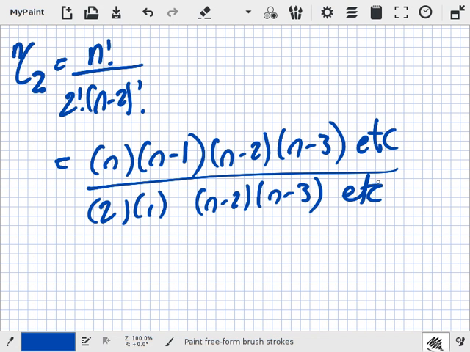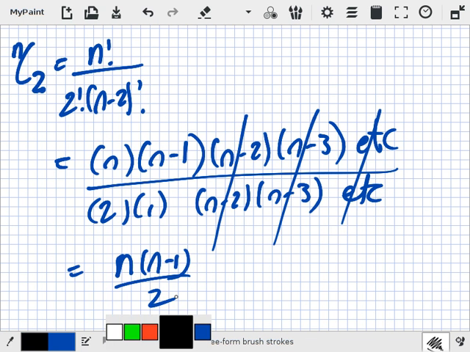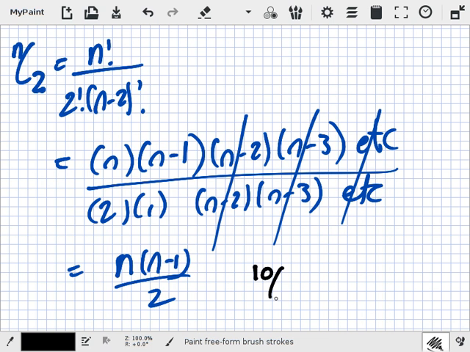We did this a few weeks ago. So cancel, cancel, cancel, and you're left with n times n minus 1 over 2. Okay. And you can actually test that out. You know, if I calculate 10C2, apparently that's supposed to be 10 times 9 over 2, which is 45. So if you check it, you should get 45. Okay, so if you can write this side note down, we'll go back to the main proof in a moment.